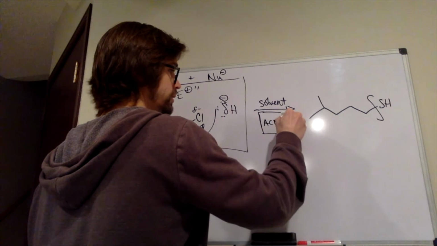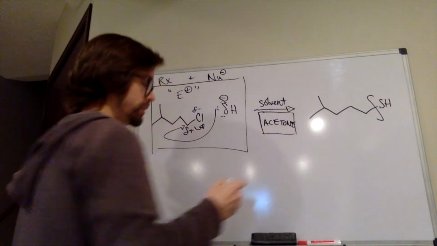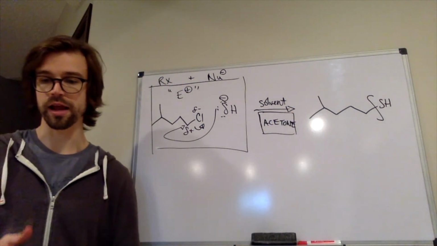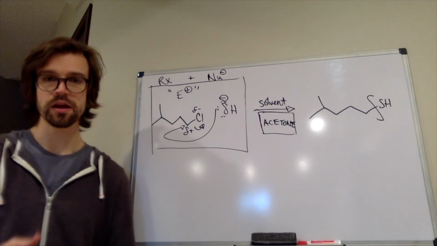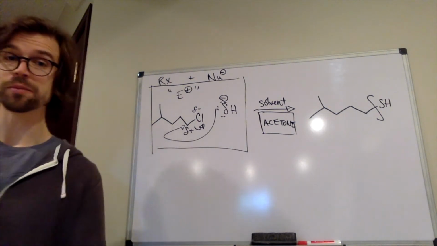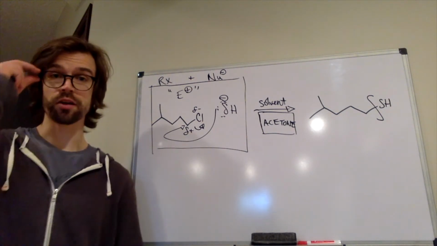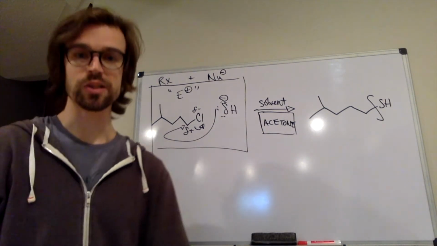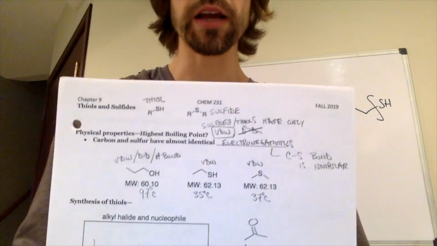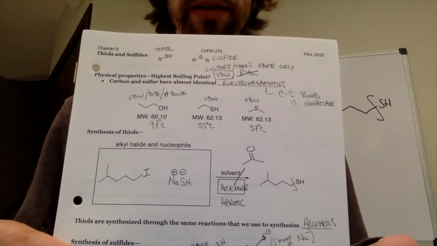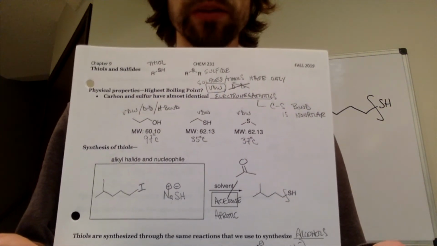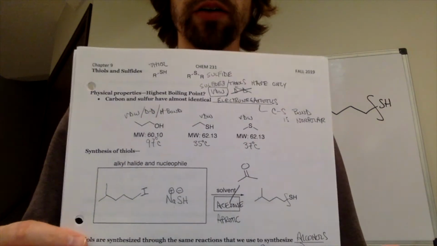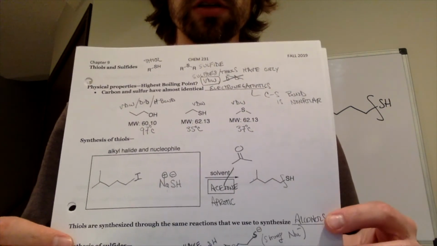So we'll put acetone up here this time, just to give a diverse array of these polar aprotic solvents. So it's as simple as that, just an SN2 reaction of an alkyl halide and SH- to make those thiols. That's how we synthesize them. Thiols are synthesized through the same reactions that we used to synthesize alcohols.